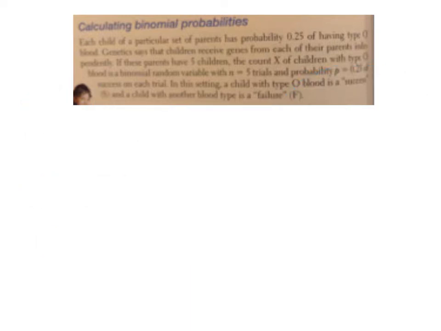So there's a formula to calculate this when we want to know the probability that x equals what we call k. And k is our exact number of successes in a trial.